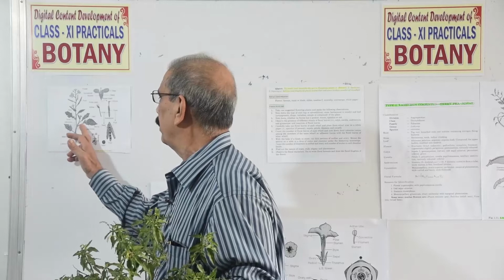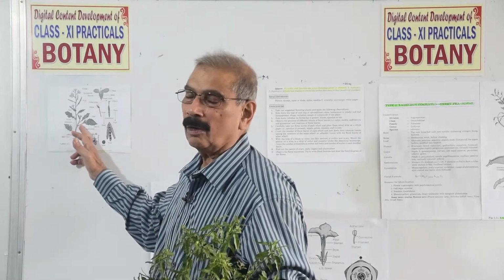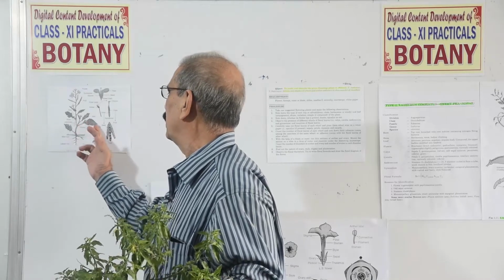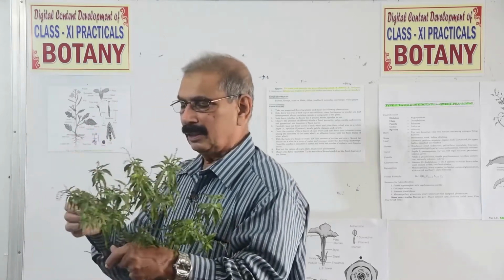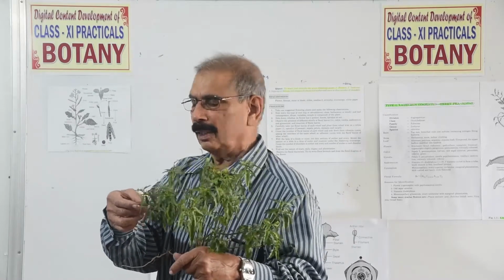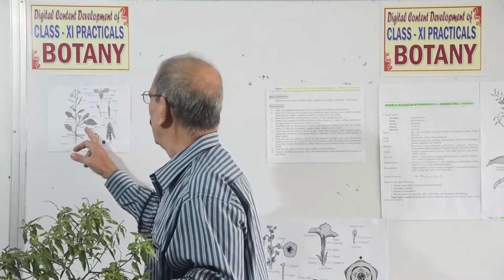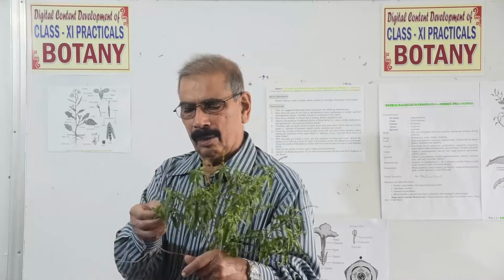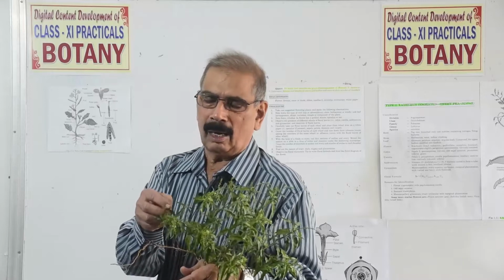So the stalk of the leaf is known as the petiole, and there is the midrib. The two sides of the midrib are known as the leaf lamina, the leaf blade. Students have to mark how the margin is.